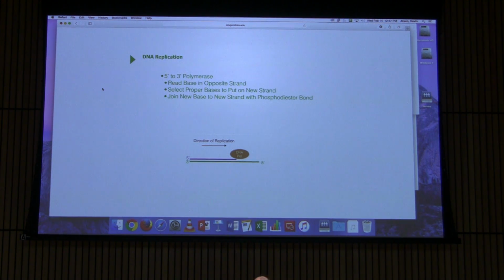And it's doing it according to the rules of base pairing, which means that the DNA polymerase has to be able to not only catalyze the formation of phosphodiester bonds, it also has to be able to read the other strand and know which base to put in. Now, the last thing I'll say before I turn to the song for the day is a remarkable thing.